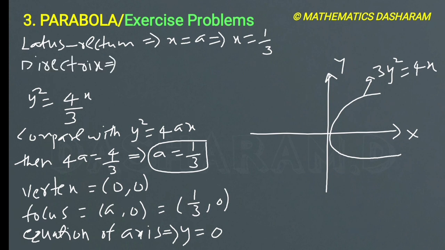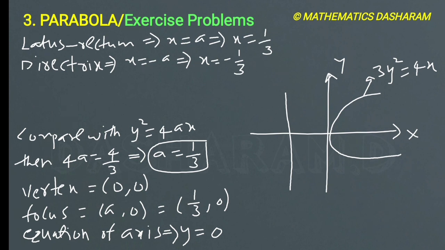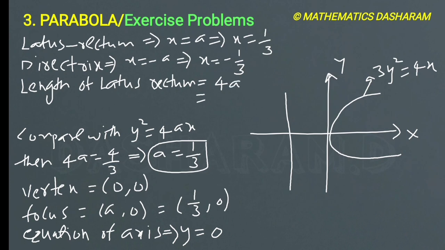Next, equation of the directrix, which is a fixed line, so x equals minus a, which implies x equals minus 1 by 3. Next, length of the latus rectum, the formula is 4a, so 4 times the a value 1 by 3 equals 4 by 3.